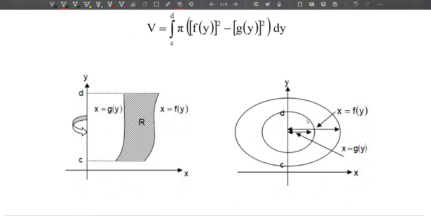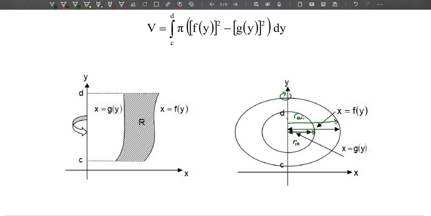For example, as we can see in this figure, this region R is rotated about the y-axis, so it will be looking like this. Here we would like to find the inner radius and outer radius. This is the axis of rotation. From the axis of rotation to the nearest function would be the inner radius, and from the axis of rotation to the farthest border of the region would be the outer radius.